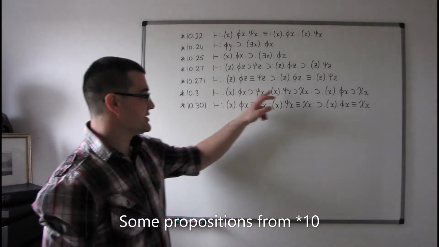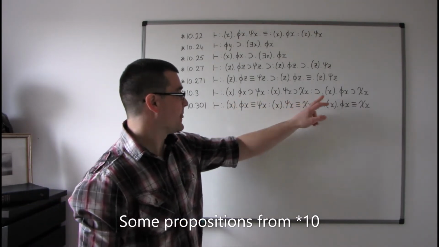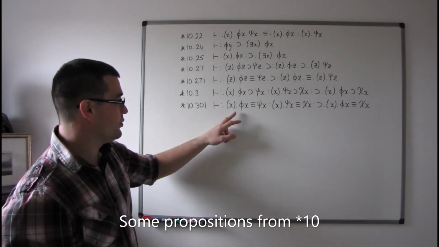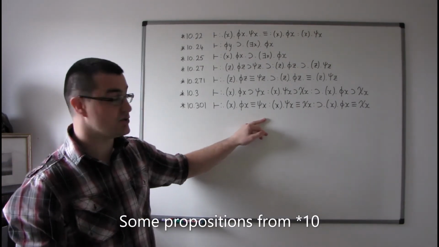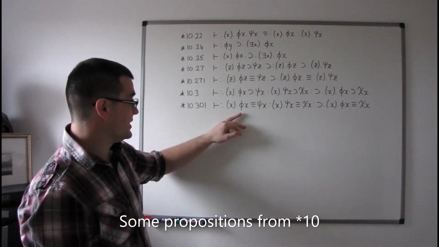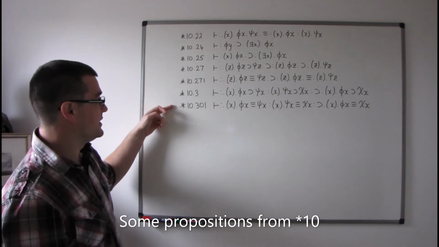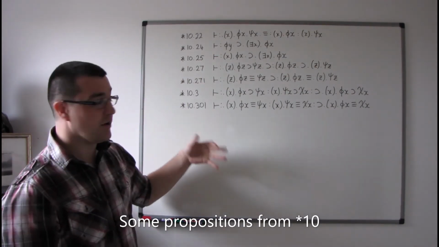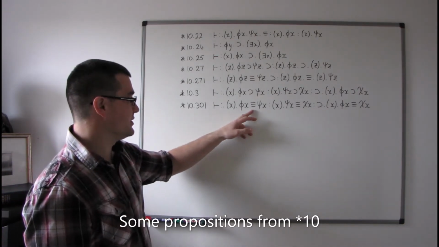So this is the syllogism as applied to formal implication. And then 10.301 effectively shows that formal equivalence is transitive. You could argue that this is showing that formal implication is transitive, but this would definitely be interpreted as formal equivalence being a transitive operation.